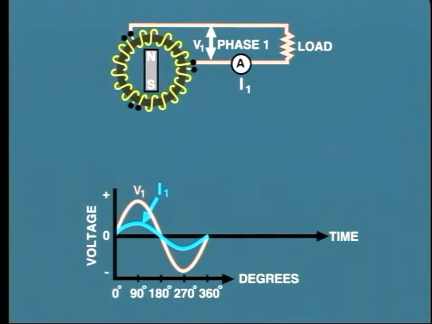The positive and negative half cycles mean that the current is flowing in one direction for half the cycle and then in the opposite direction for the other half cycle. As the magnet continues to rotate, it produces further cycles of voltage and current like this. These curves are known as sine waves, and values can be calculated from trigonometric tables. This then is how AC voltage and current are generated.